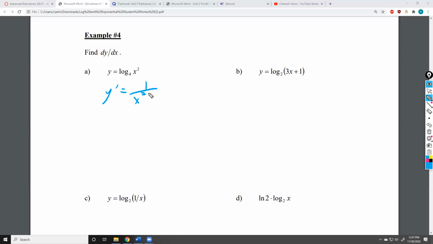The only difference here is that we need to remember to multiply by the natural log of the base. So the base here is 4. So natural log of 4 goes on the bottom. And then just like we did with natural log, we need the chain rule. Inside of our log base 4 function is x squared. So times derivative of the inside part, derivative of x squared is 2x. So we can say that this is 2, and then these x's cancel with the x squared here. So we get x. Then we need natural log of the base here.